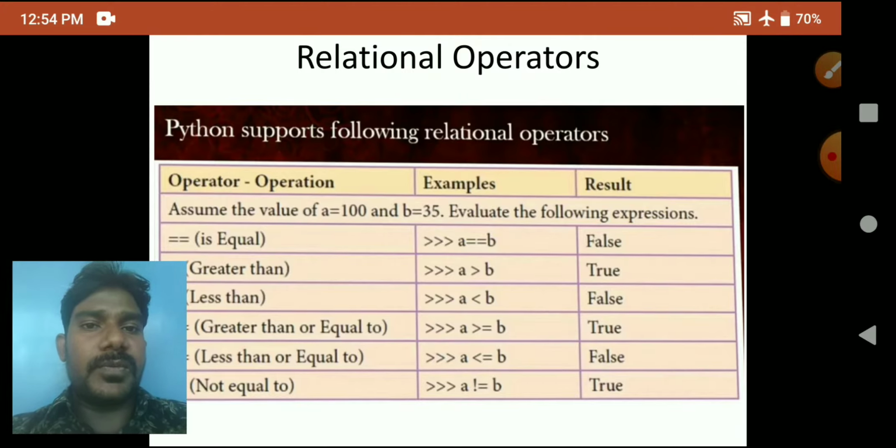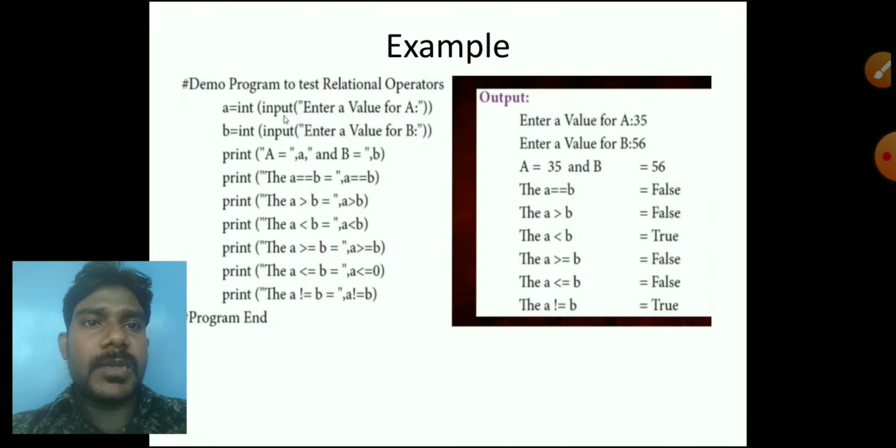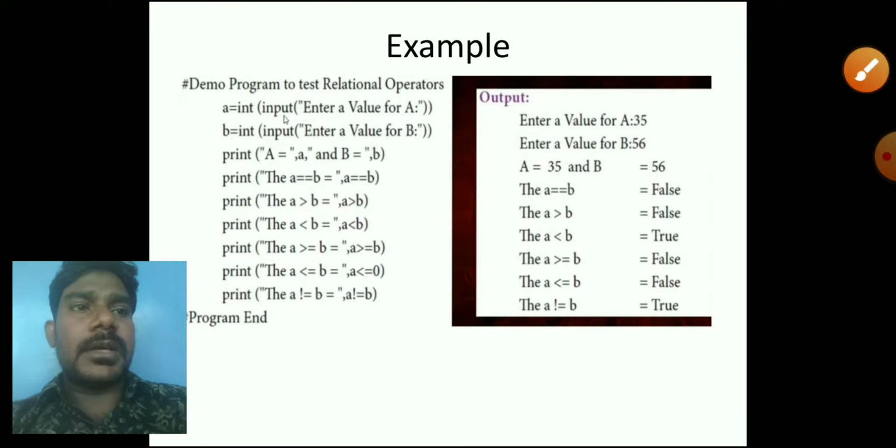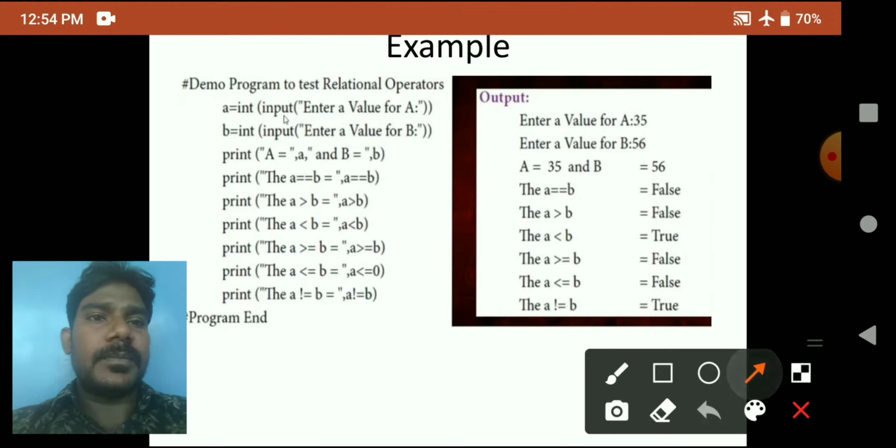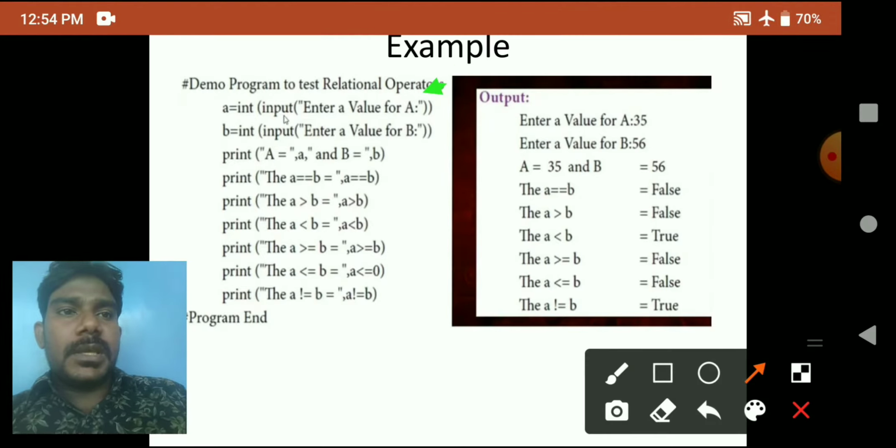Next, an example for relational operators. Here they are using two inputs, a and b.